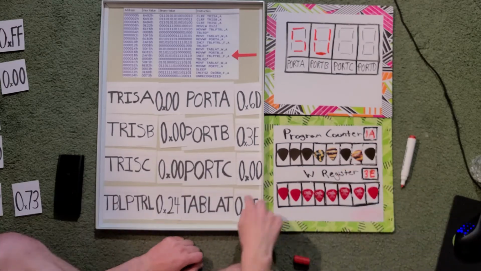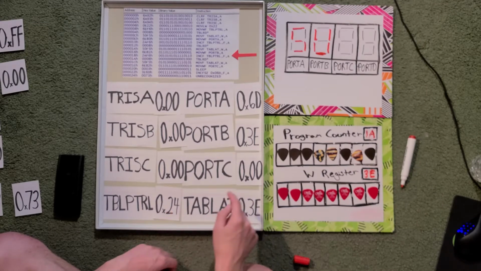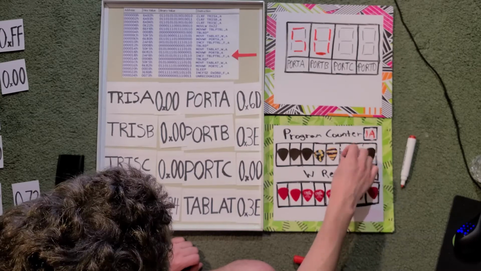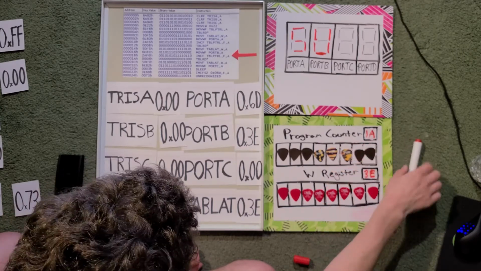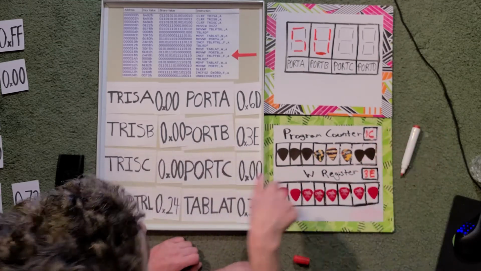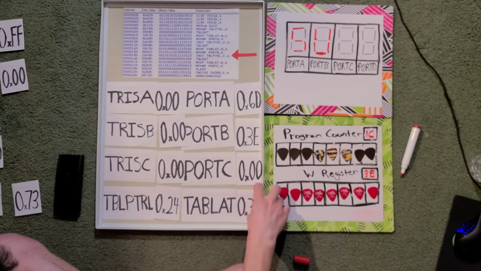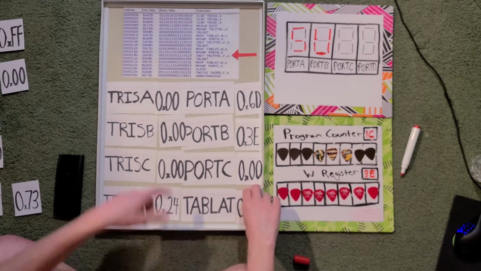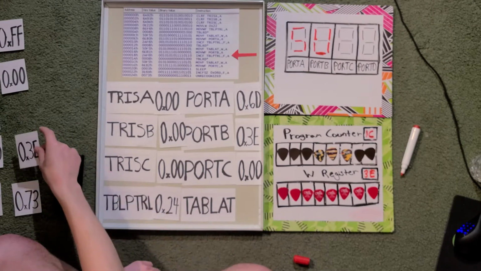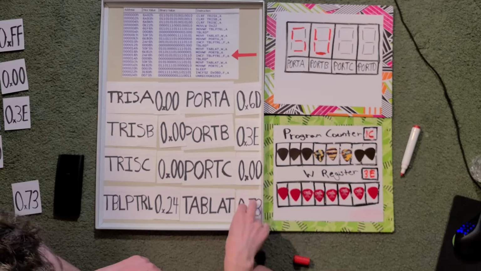We're going to point TABLAT to whatever value is stored at this address. But first, let's increase our program counter from 1A to 1C. Now that we're at 1C, we can finally make our TABLAT point to the value at 24, which just happens to be 73 in program memory. 73 representing the P in SUP.